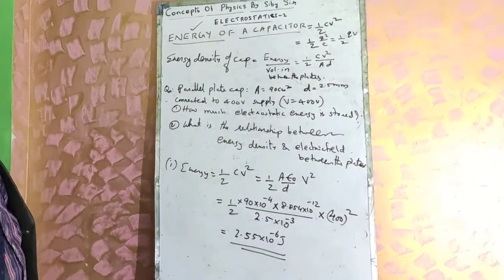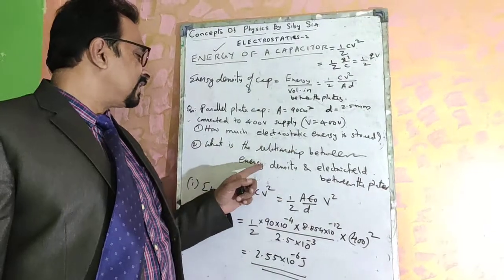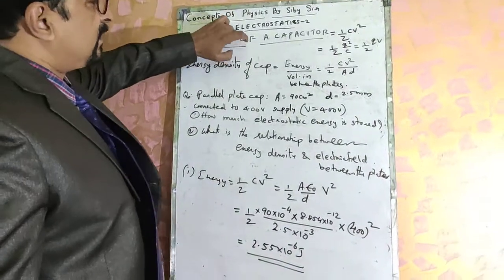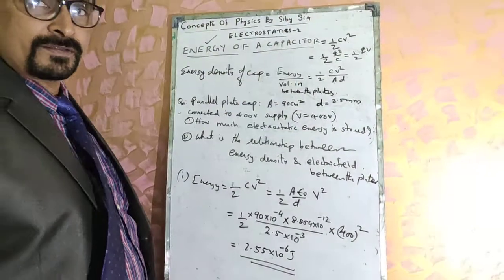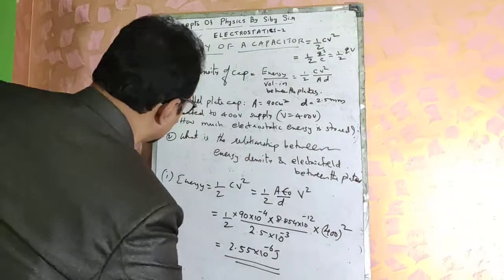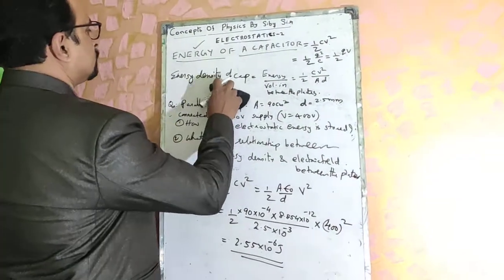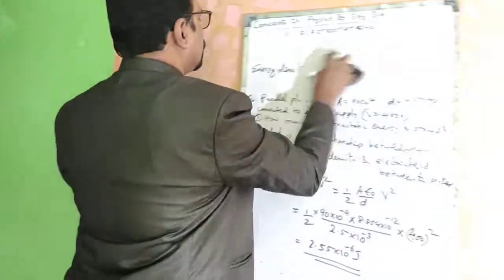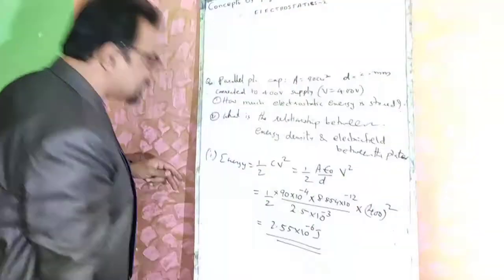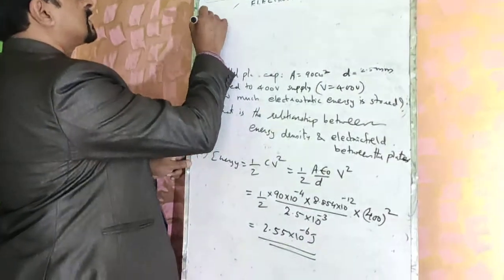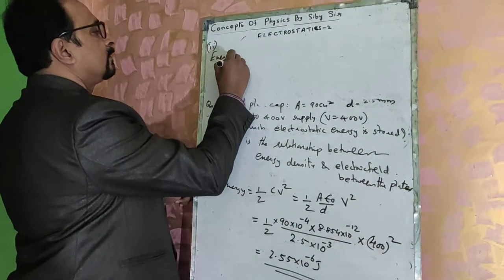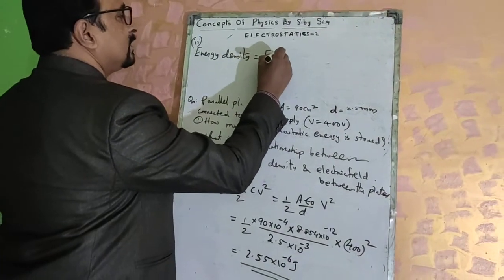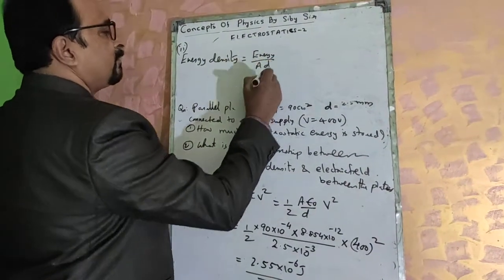Now the second part. What is the relationship between energy density and electric field? So this energy density you have to connect with electric field. Energy density is equal to energy upon volume in between the plates.